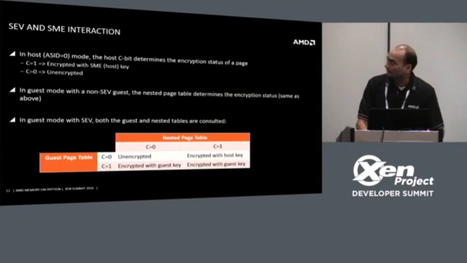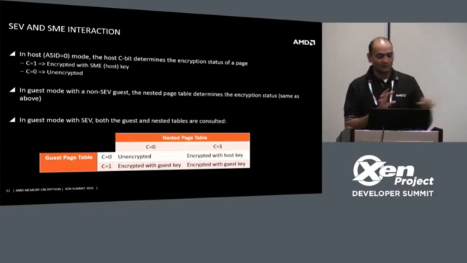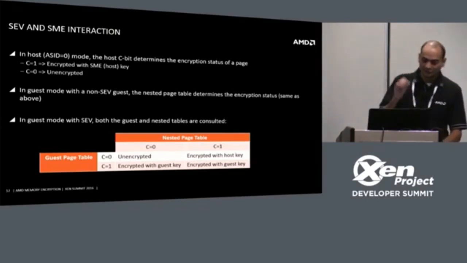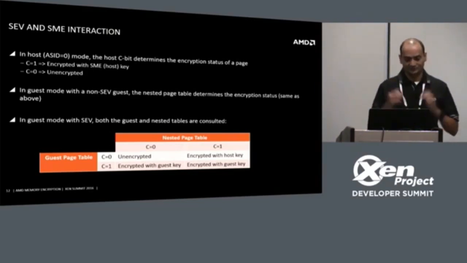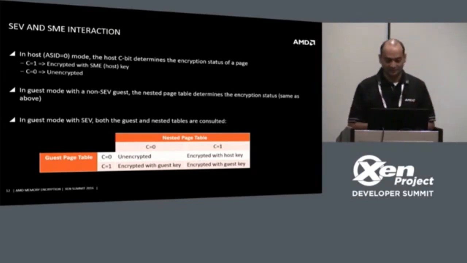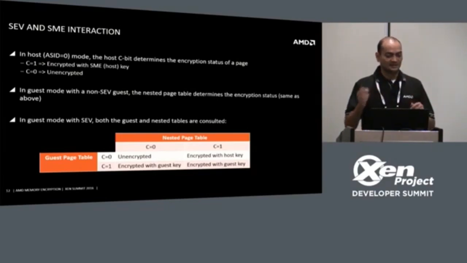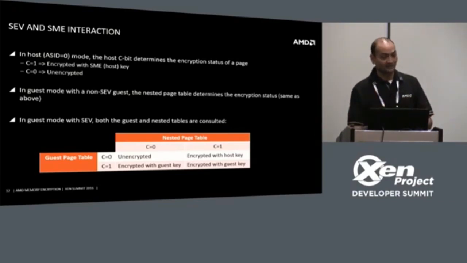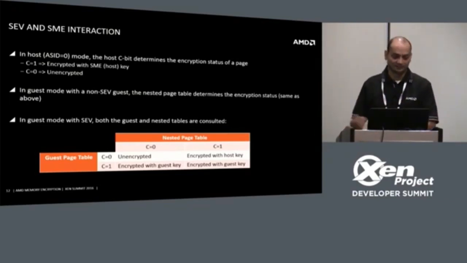So this slide talks a little bit about the SEV and SME interaction. I think it summarizes pretty well. If we are on the host, which is ASID 0 inside the hypervisor, then the C bit of the hypervisor page table determines what keys to use. If the C bit is set, it means it is going to use the host key.